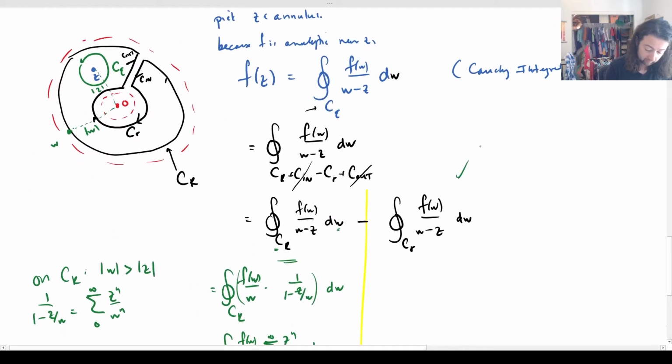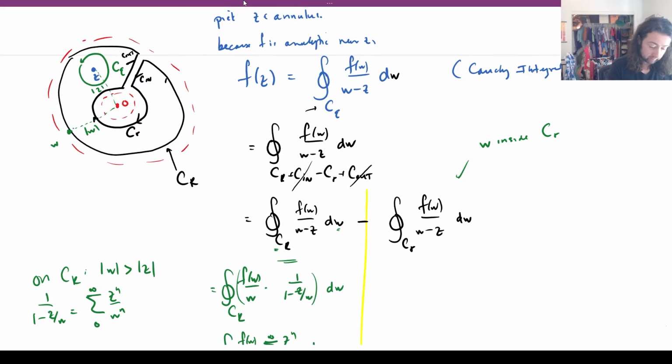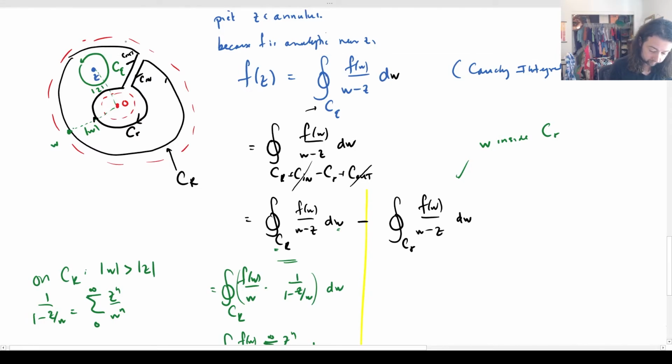Here, the w's are inside c little r. And for w values inside c little r, well, in here, those are closer to 0 than z is. So for these, the distance of w to 0 is actually smaller than the distance of z to 0.